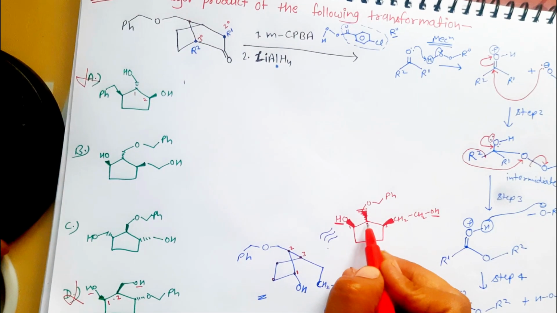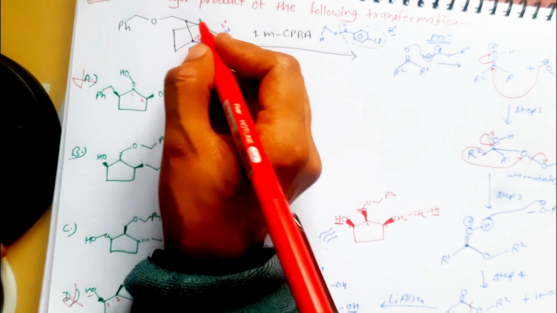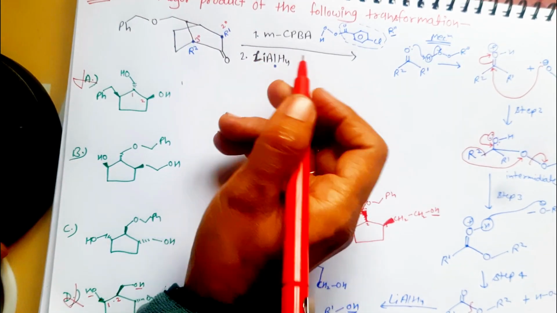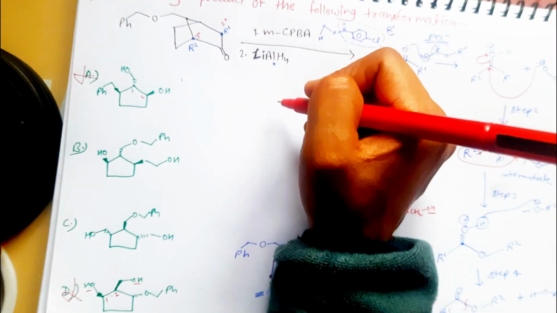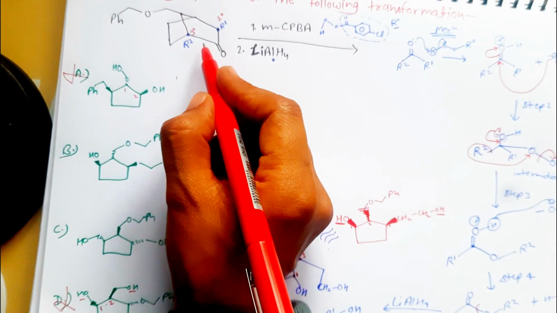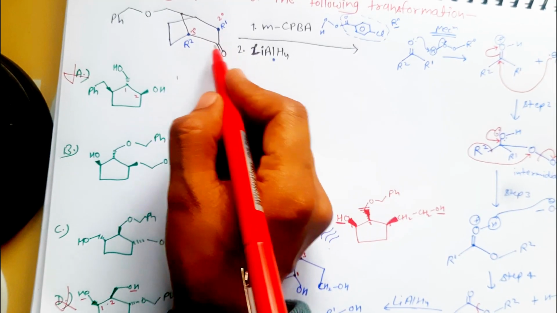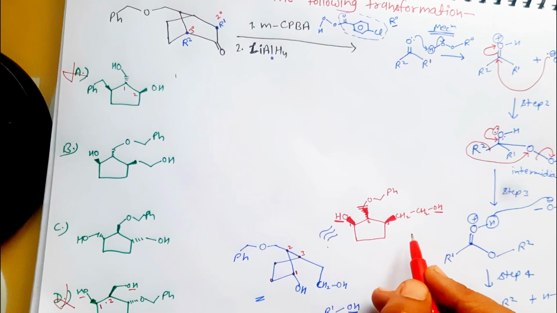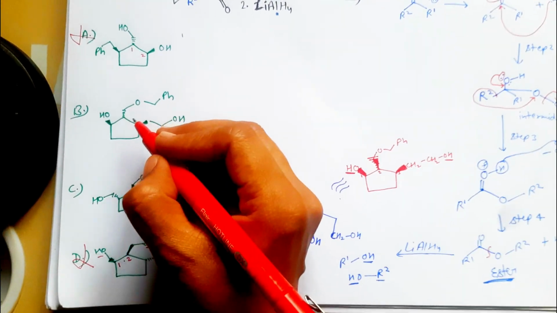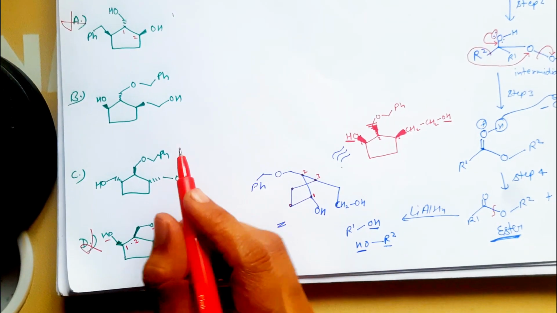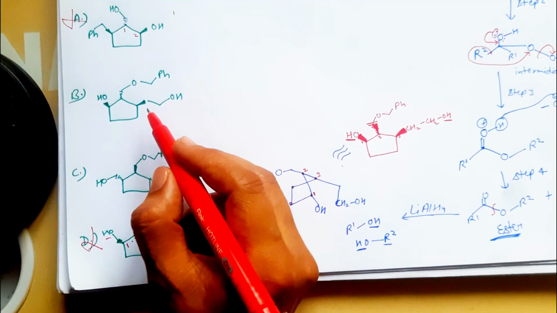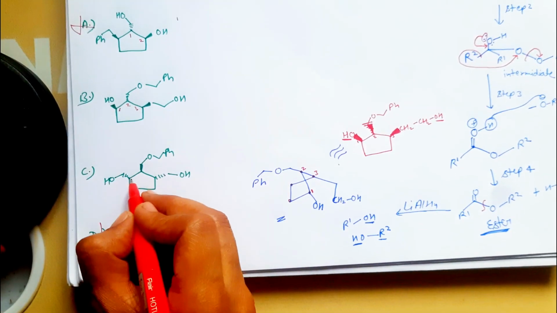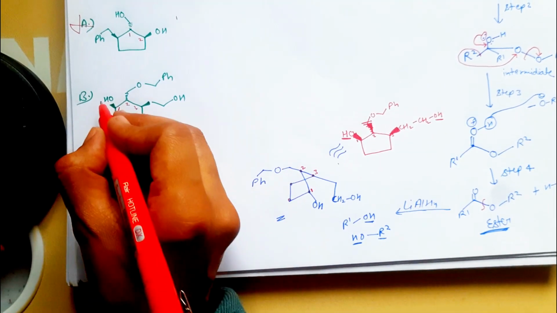After attack of lithium aluminum hydride, it always attacks on the exo side, so our hydroxyl group comes on the wedge position. So here we check option B and option C. In option B, if we check the 1,3 position, they give a hydroxyl group, which is correct.